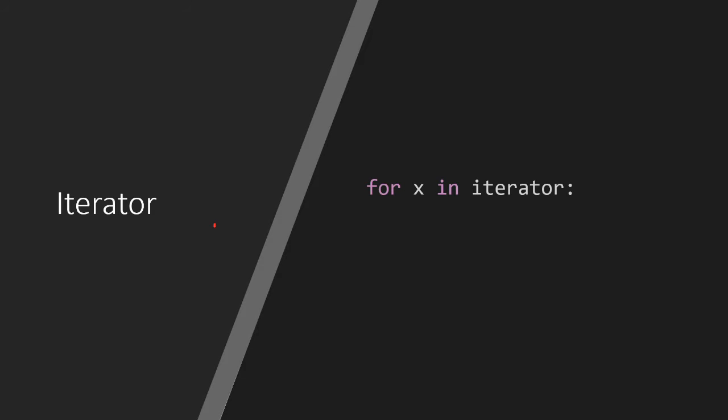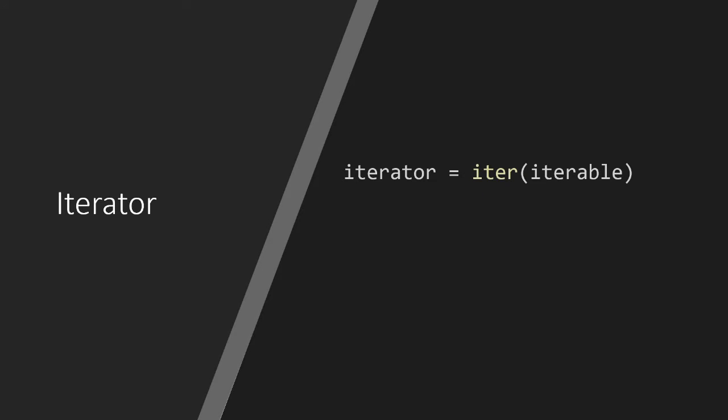So what is an iterator? Well, we've already seen "for x in iterator", you can do something. So if your iterator is a range object, or a string, or a list, then you can loop through it. However, the alternative is you define your iterator as the iterator of the iterable, and then you say x is the next of the iterator, and if there is no next, then it returns None.